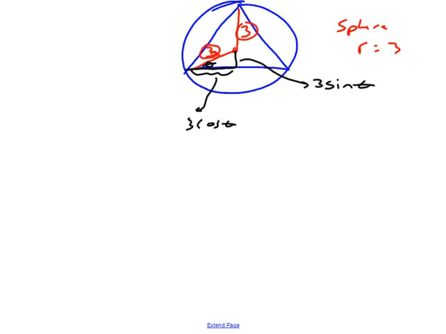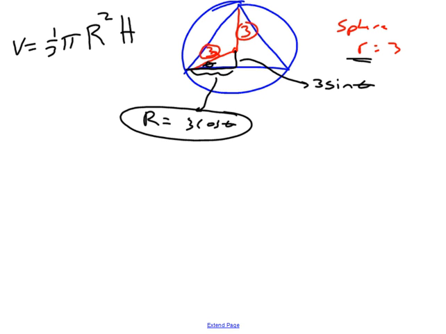So the volume, and in terms of a cone, we have 1/3 pi, and I'll use big R just to differentiate from this R. So 1/3 pi R squared h, where R equals 3 cosine theta, and h equals 3 coming from here plus that distance, so plus 3 sine theta.